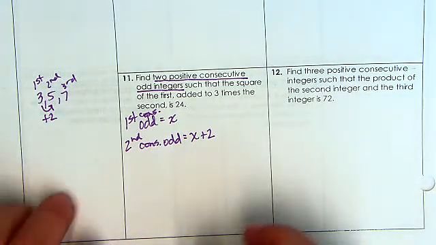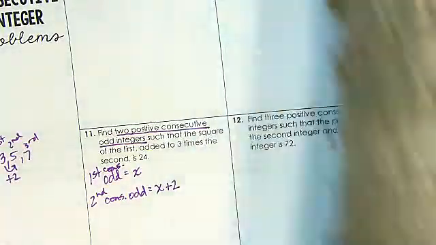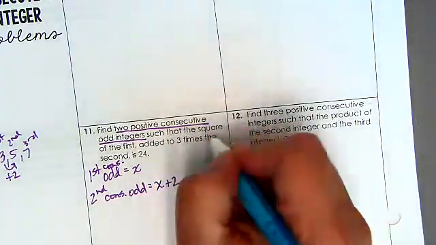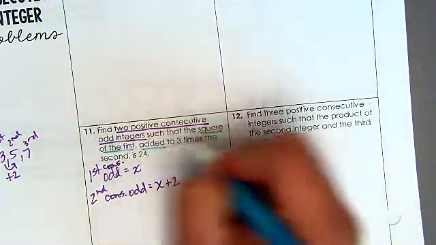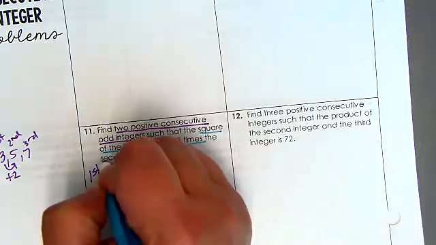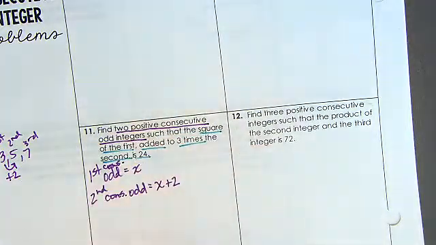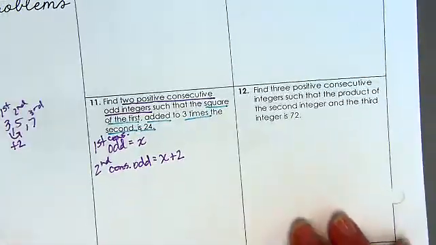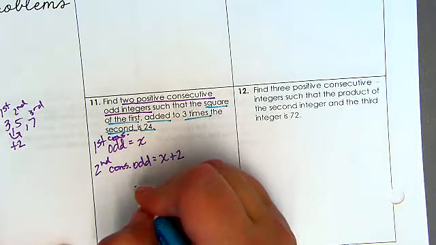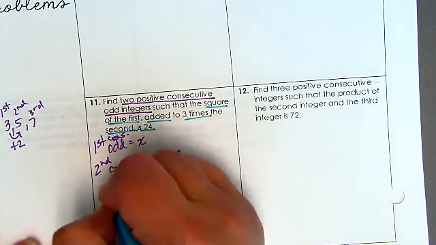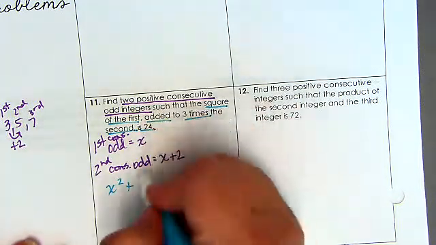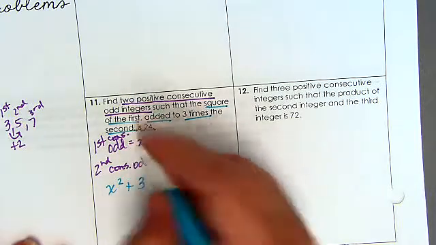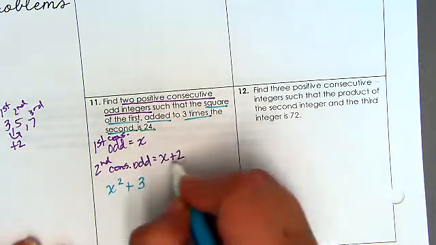Now we continue to read. It says, such that the square of the first added to 3 times the second is 24. So the square of the first is x squared, added to 3 times the second, which is x plus 2.